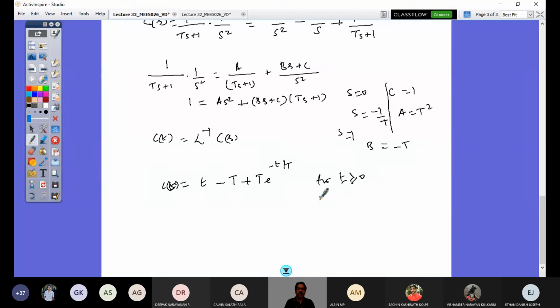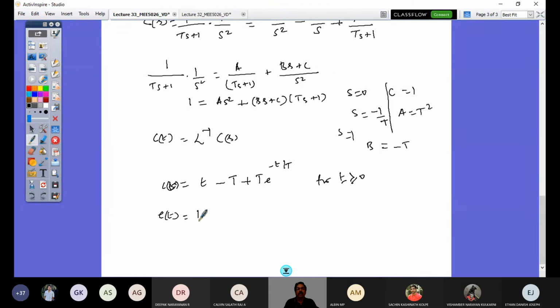Output is C of t, and input is what is the expected output for the standard input function. If that takes some time to get because of the transient effect, this error signal would be this. So my error is R of t minus C of t.